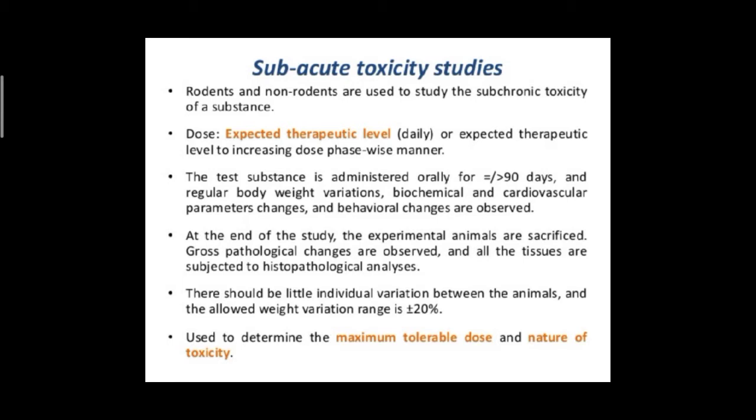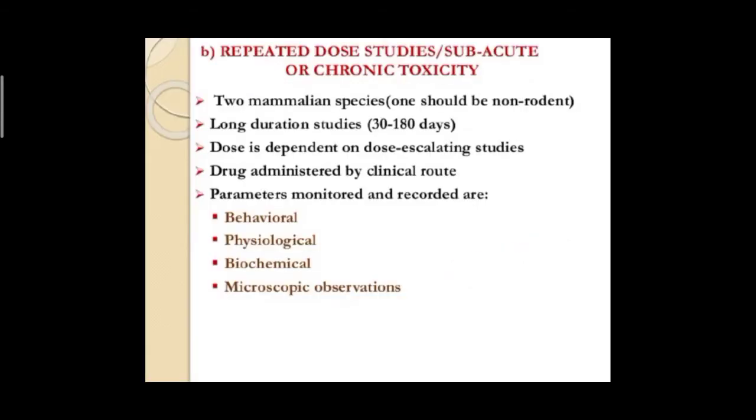Finally, they used to determine the maximum tolerable dose and nature of the toxicity. Okay, here, repeated dose studies or subacute studies or subchronic studies. What are the parameters to check? Behavioral parameters, physiological, biochemical, microscopic observation, histopathological studies, and everything they will check.